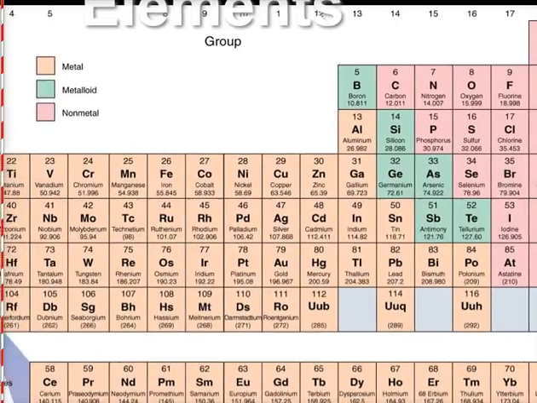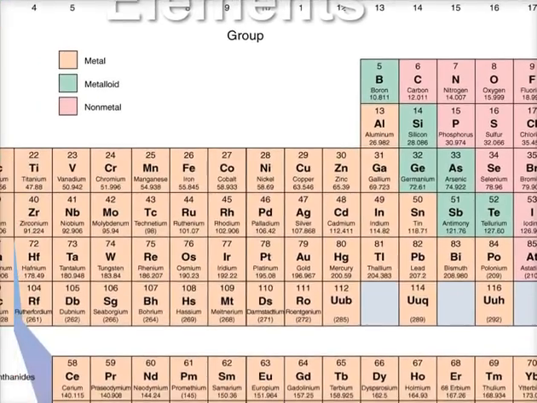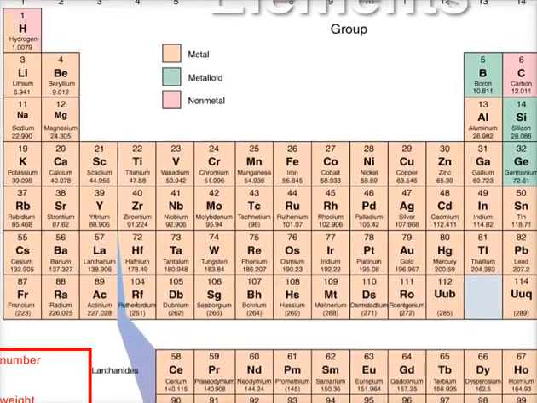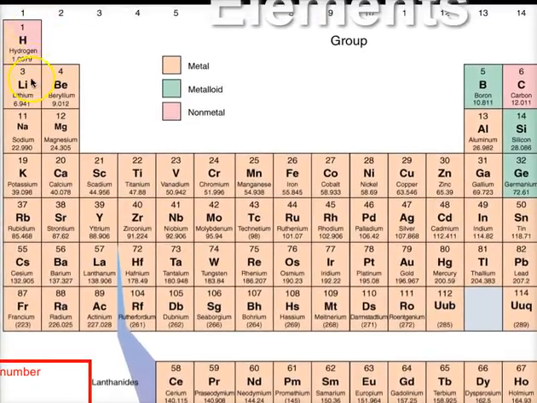The point here is that we're adding protons and neutrons as we go across, and we have found that those items in the same column behave chemically the same way. And so hydrogen, lithium, sodium, potassium, and then beryllium, magnesium, calcium, all these guys are very similar.